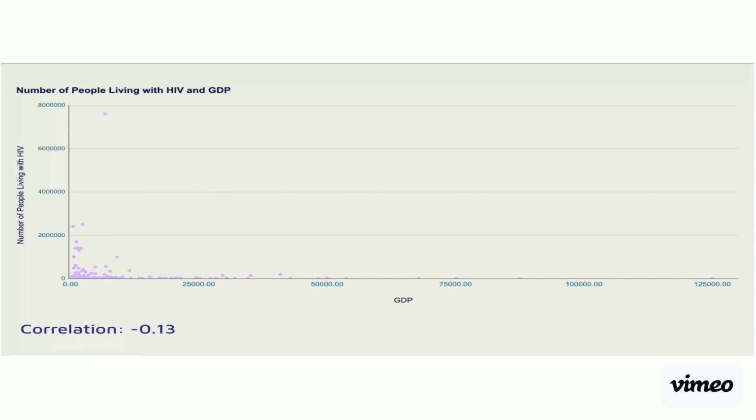But it turns out that there's not really a significant correlation. And later on, I have some slides of a couple research papers that I took a quick look at that say the same thing, that between GDP and people living with HIV, there's not really a huge correlation.